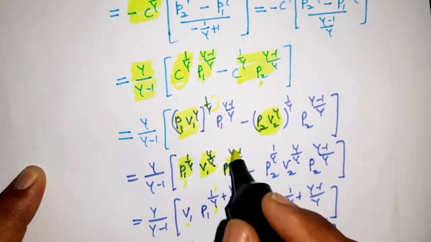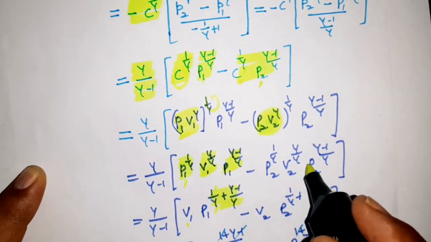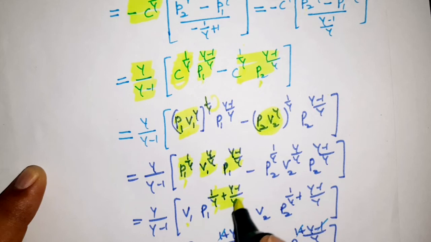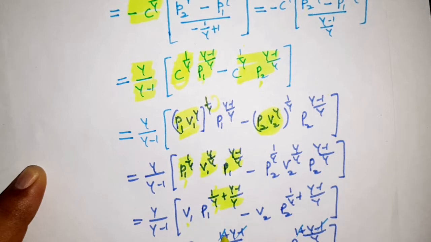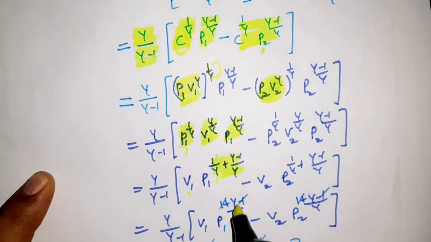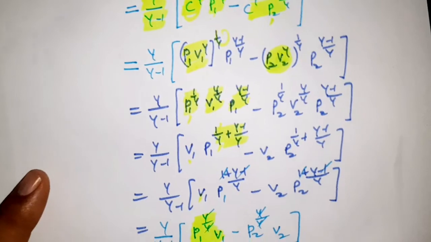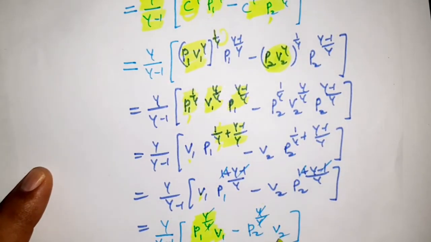So this and this are added here. Similarly for this term, simplifying this we will get P1 to the power 1 plus gamma minus 1 upon gamma, so plus 1 is cancelled by minus 1. Then we will get P1 to the power gamma upon gamma into V1. Similarly for the second term we can say P2 to the power gamma upon gamma into V2.